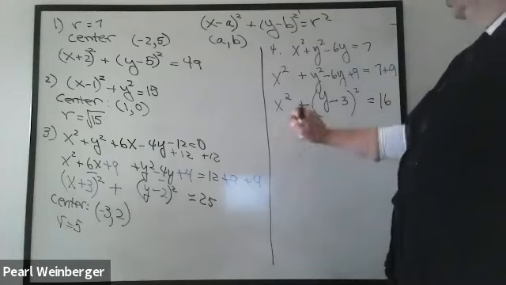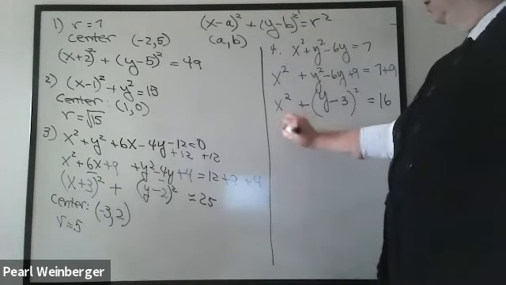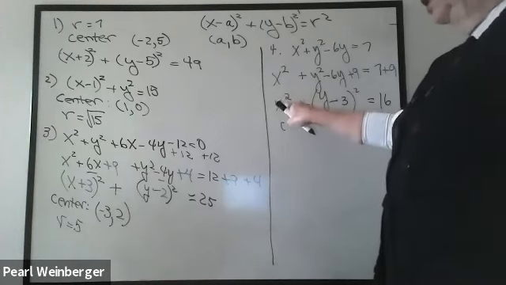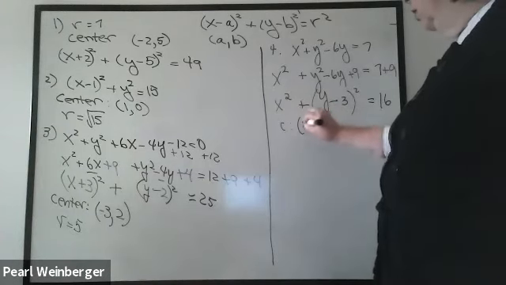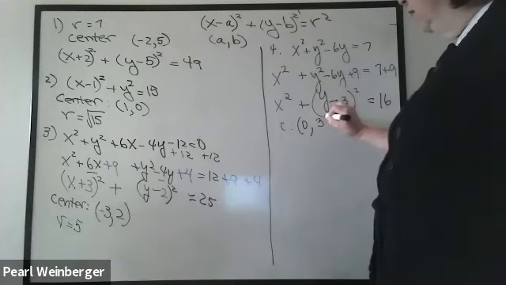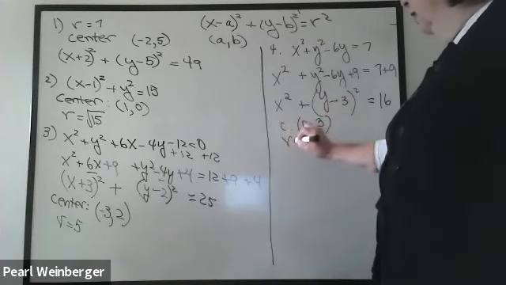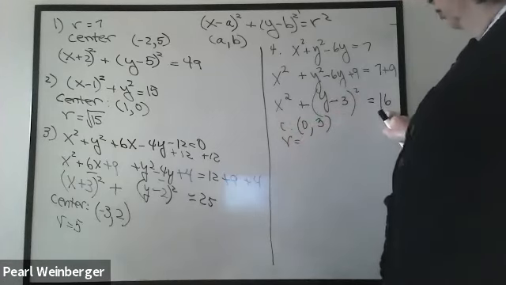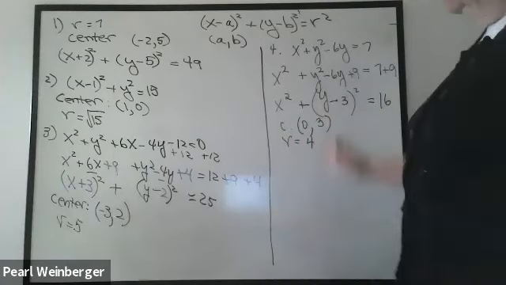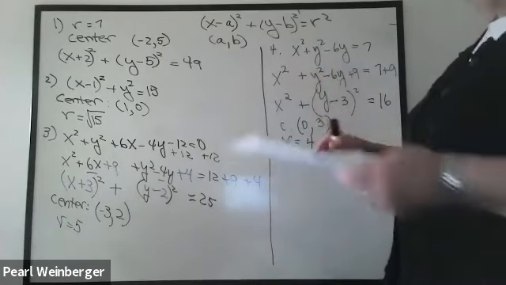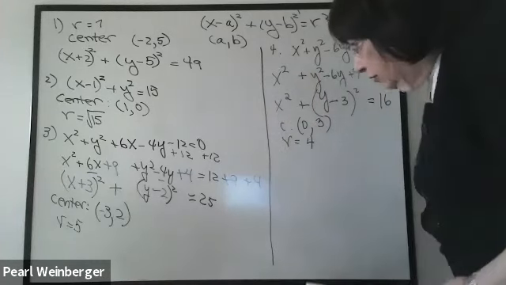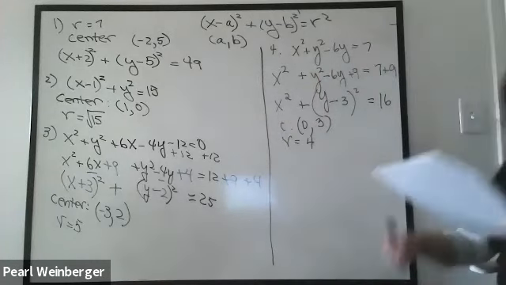And now we see that the center of our circle is, well, there's nothing next to the x, so that's a 0. Next to the y is a -3, so that's +3. And the radius, the square root of this number, the square root of 16 is 4. There's a little less work because there really was no reason to do anything with the x because you had x squared alone by itself.